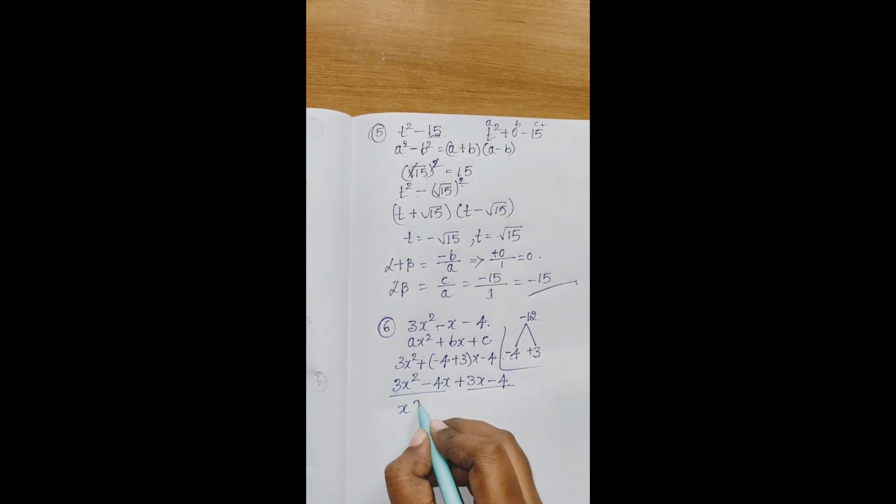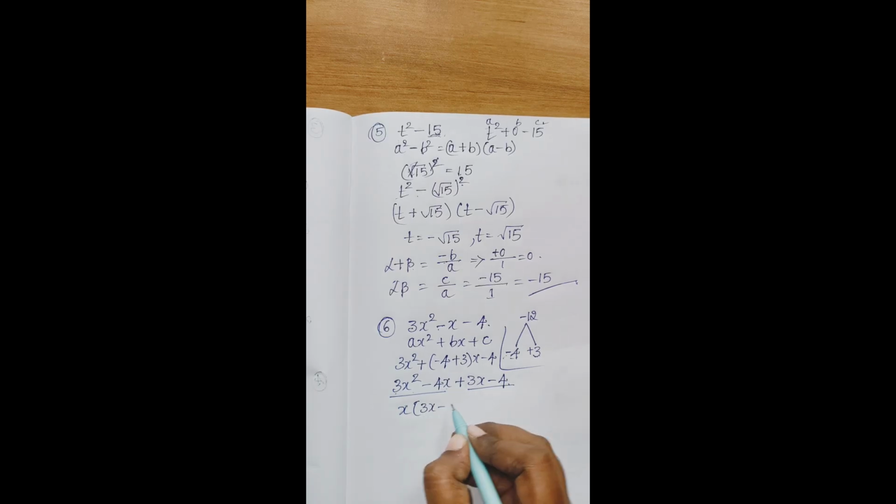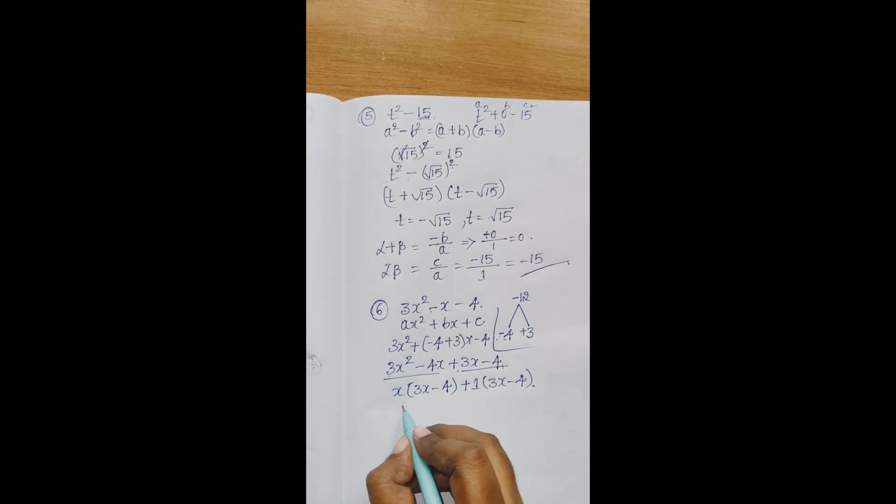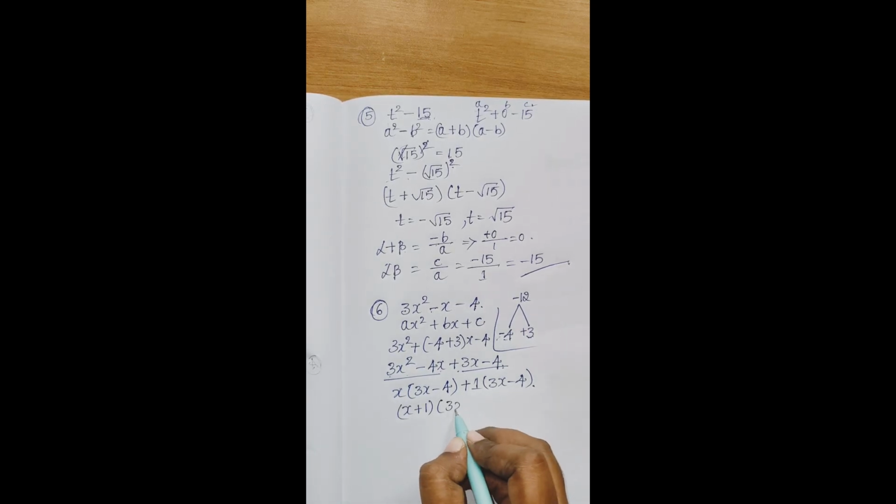Only x. So 3x minus 4. Then here also as it is the same, just you take 1. So remaining 3x minus 4. So answer will be x plus 1 and 3x minus 4.